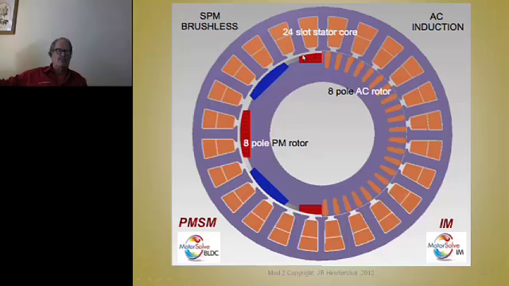And you'll notice, first thing you notice is the air gap in the permanent magnet machine is much bigger than the induction. It has to be, because we don't want to waste a lot of magnetomotive force or ampere turns magnetizing this circuit across a big air gap. See, in the case of the PM machine, the circuit is magnetized not by the inverter as it is in the induction machine.